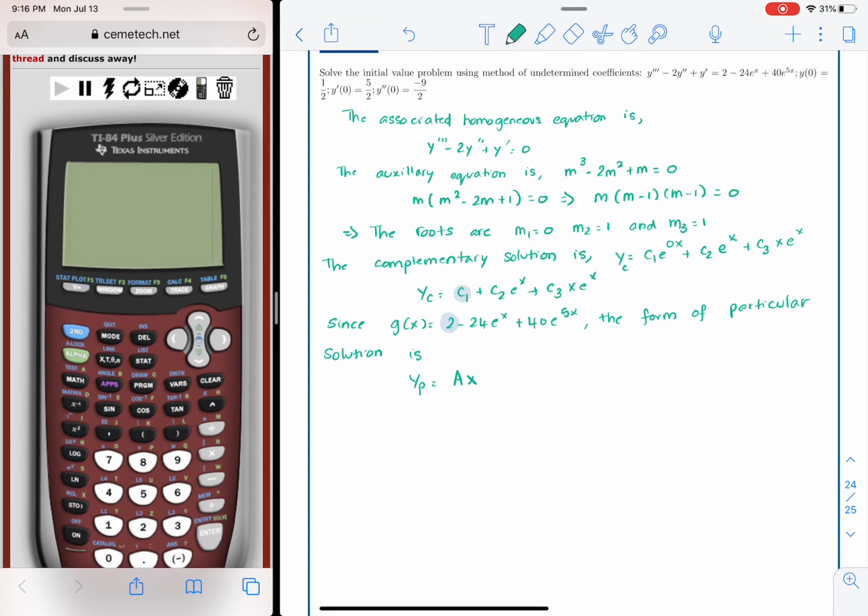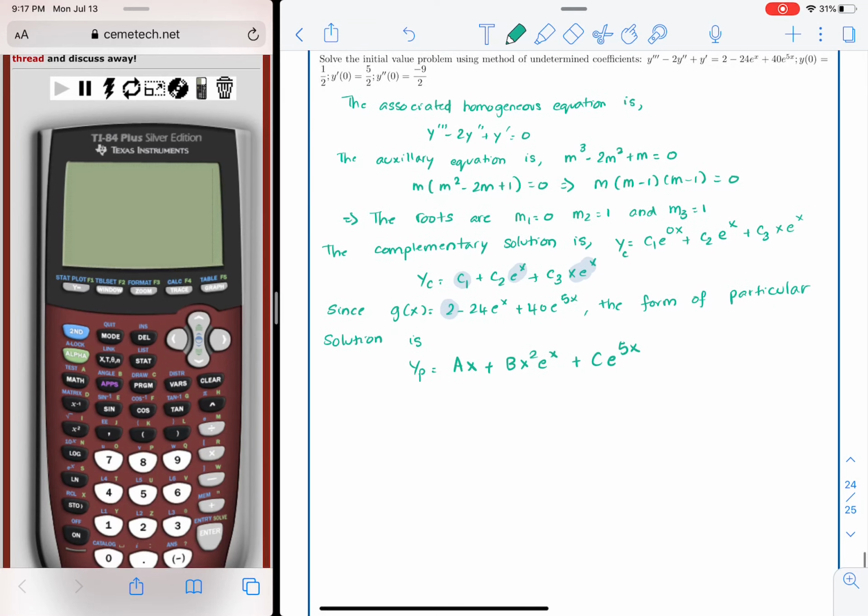I see e raised x, but I can't simply put e raised x because I have it here. I can't simply put x e raised x because I have it there. So I simply have to do b x squared e raised x. I don't see a 5 raised x term, so I could simply put c e raised 5x. So that is fine.